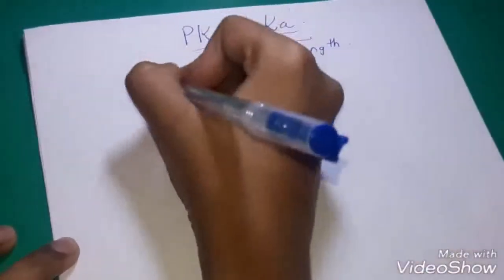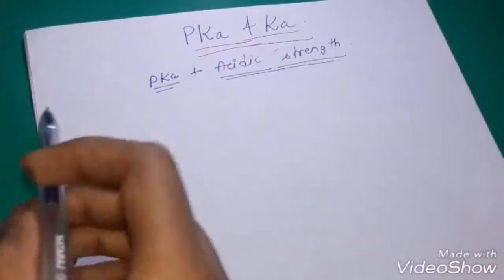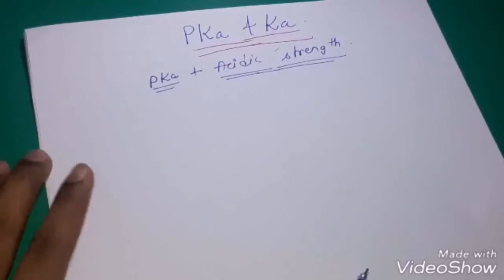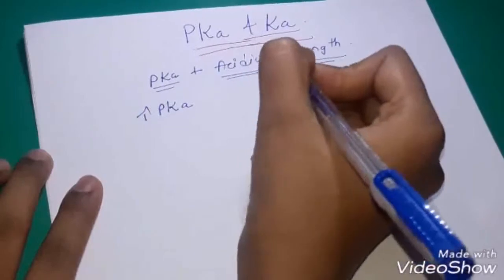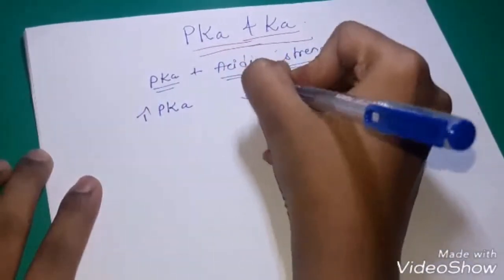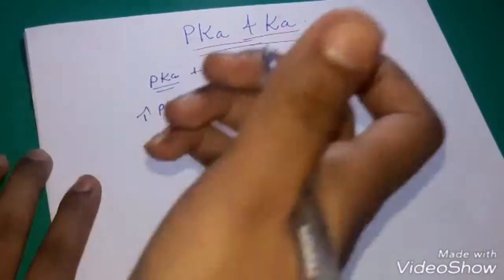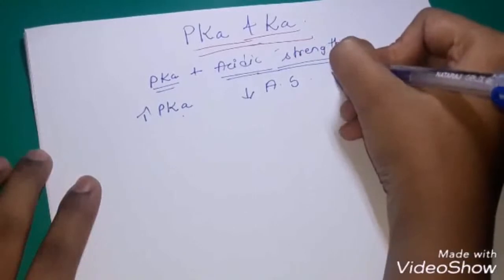Okay, so for pKa and acidic strength, they both are inversely proportional to each other. That means if the pKa value is higher, the acidic strength, I will write it as AS, will be low.